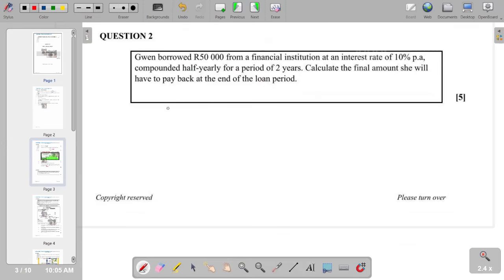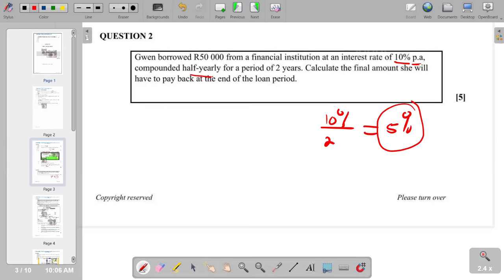The 10% we've been given is per annum, and since it is compounded half yearly, 10% divided by 2 gives 5%. So it's going to be compounded using 5%.